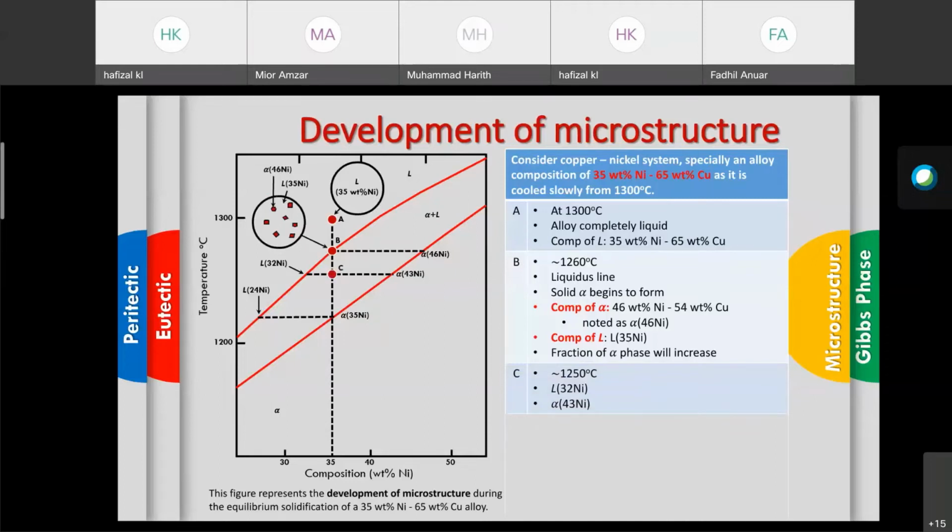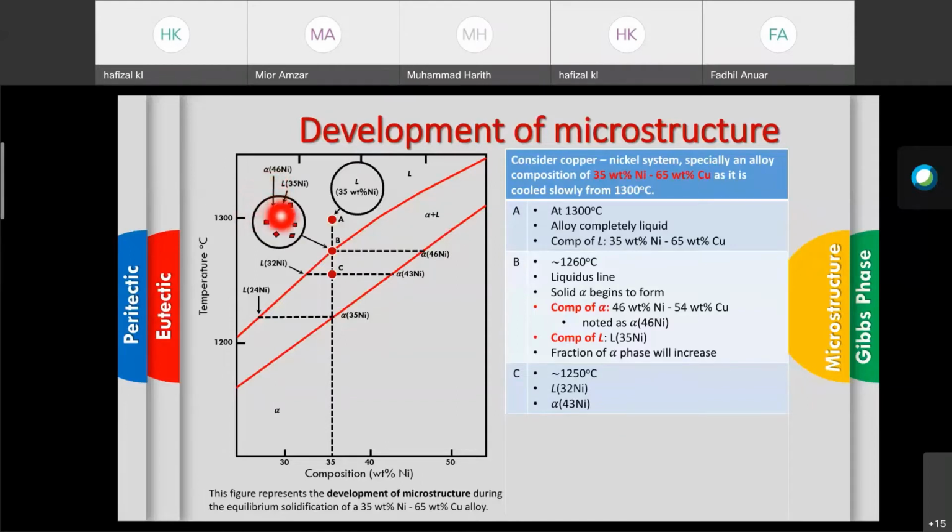Before that, at point B, we can see in terms of microscopic structure that nucleation of the alpha phase is starting to take place, whereby the alpha is at 45% of nickel.